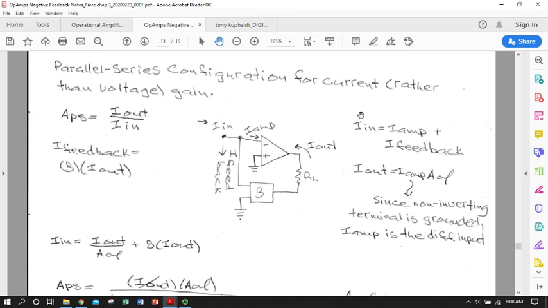Kirchhoff's current law still works, so the total current going in is going to equal the current going into the amplifier, into the inverting terminal here, plus the current that's going down into the feedback network. And we can say that our I out, using our typical gain relationships, is now going to equal that current flowing into the amplifier that would come back out at ground times our open loop gain.